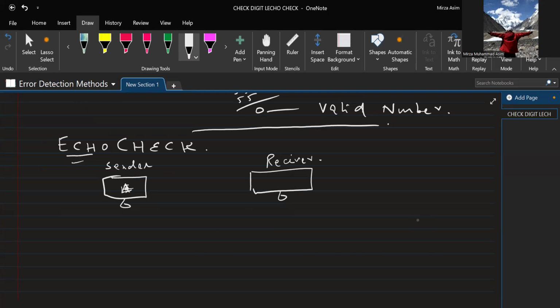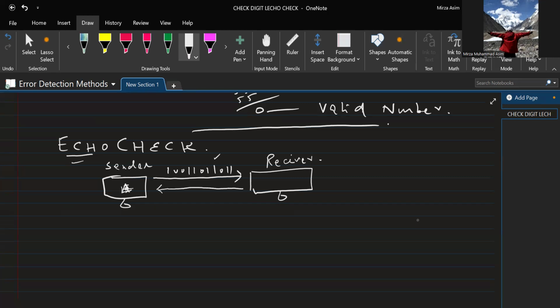So the sender sends the data to the receiver or destination: 100110101. The receiver immediately sends the same data back to the sender. The sender sends this binary data, whatever the data is, and it is received by the receiver.